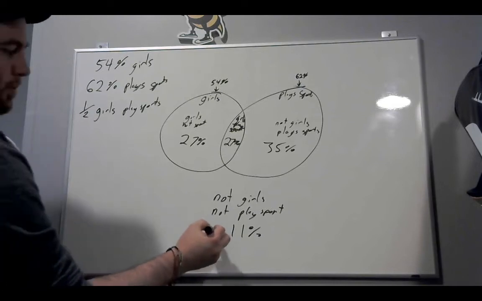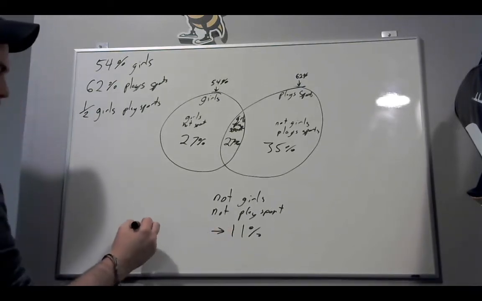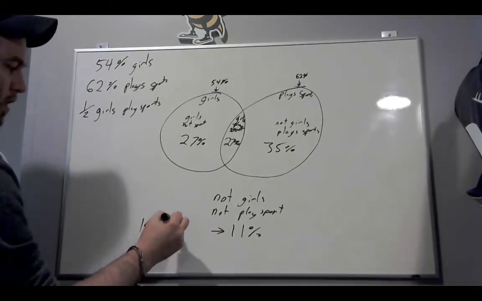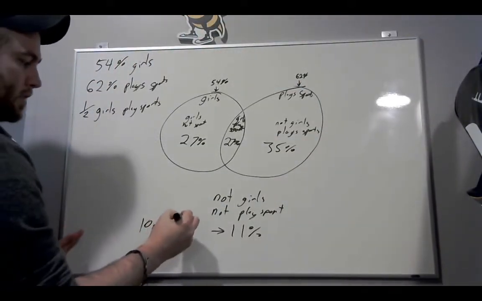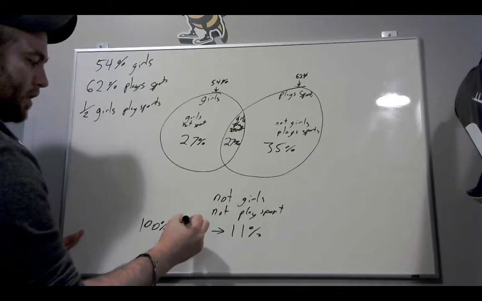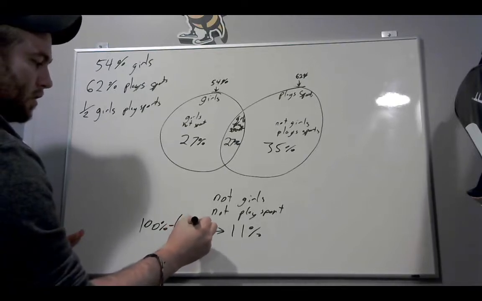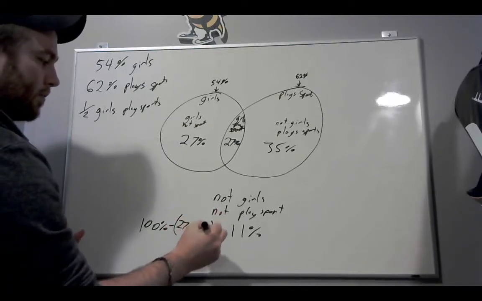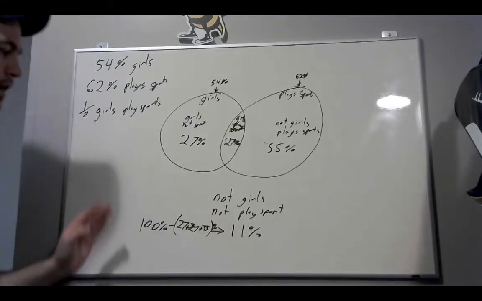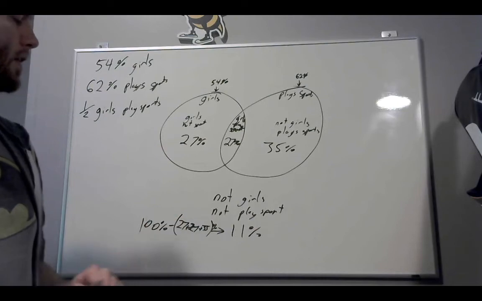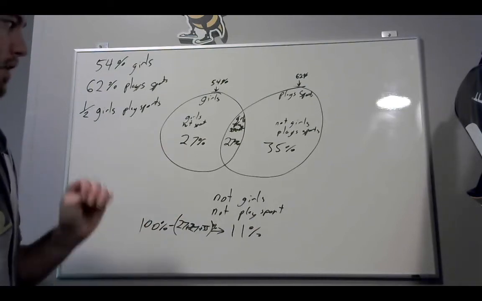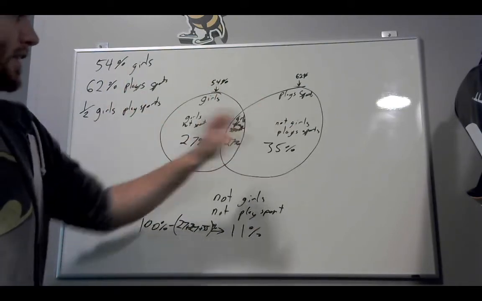I got this number by doing 100%, because that is the total space, minus the 27 plus 27 plus 35%, to give me that 11%. So every single one of these should add up to 100%.